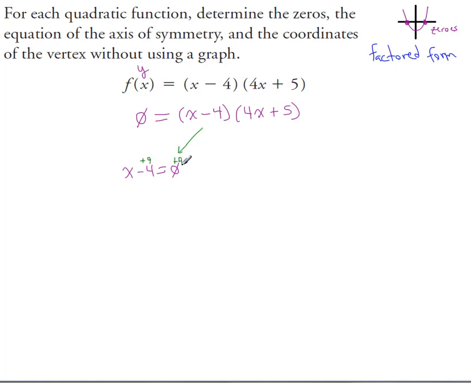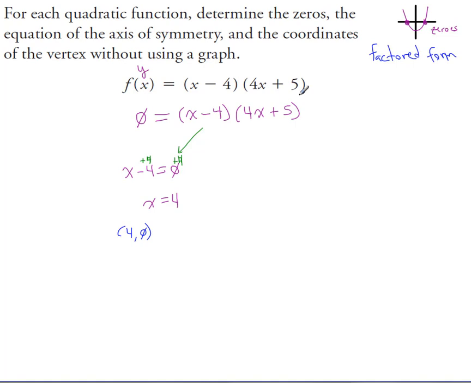Just remember that's a 4, not my best work. I'm going to end up with x equals positive 4. So this tells me that one of my x-intercepts has an x value of 4 and a y value of 0, because we know y has to be 0 at an x-intercept. So that's one of our x-intercepts.